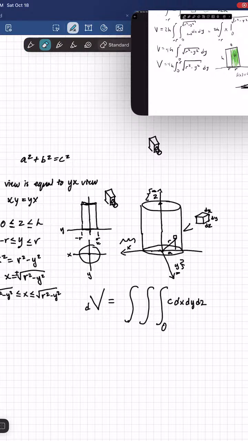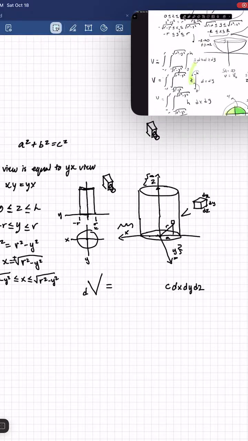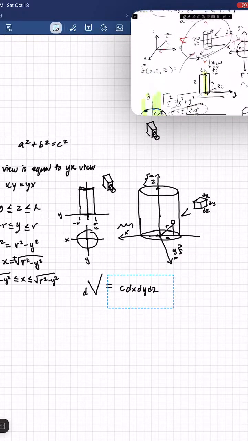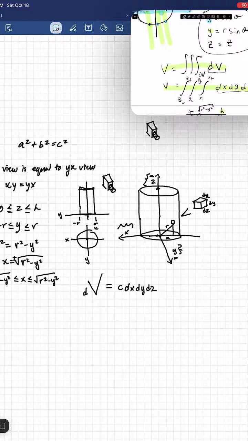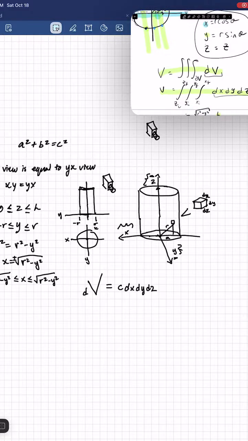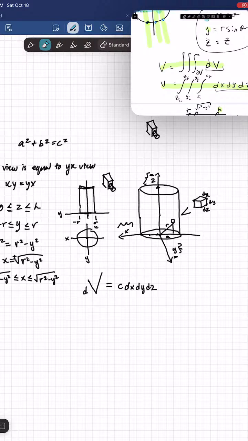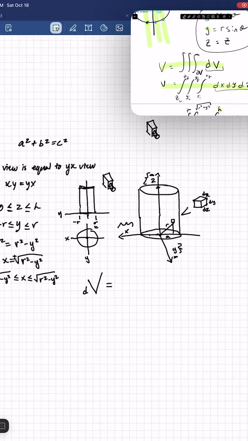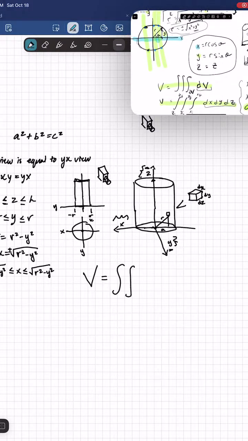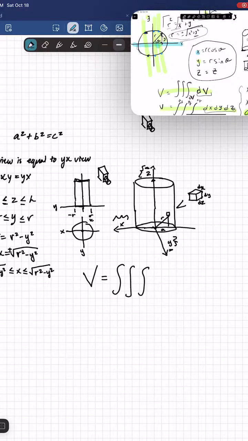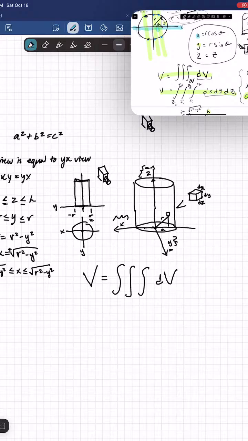Well, interesting. Without the integration here. Hmm.